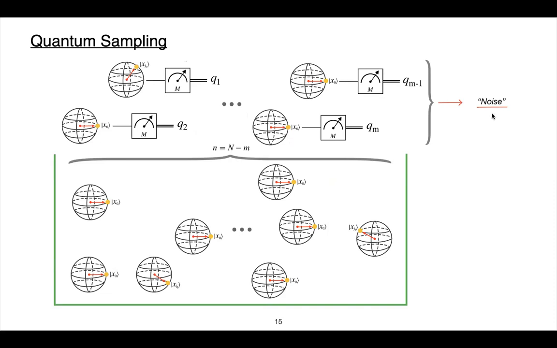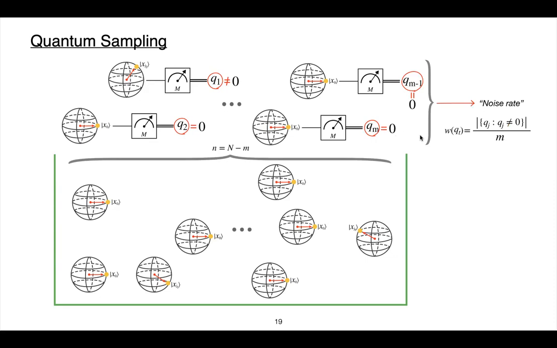What is noise? The noise state is when a measurement outcome Q_j is not equal to 0. 0 is the measurement outcome of the honest quantum state ket x_0. In our example, Q_1 is not equal to 0, Q_2 is 0, Q_{m-1} is 0, Q_m is 0.